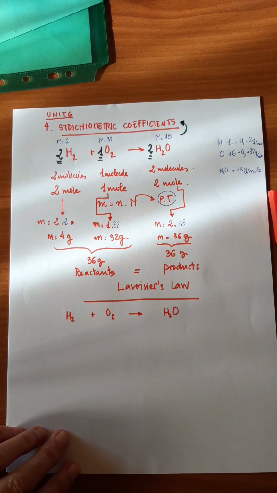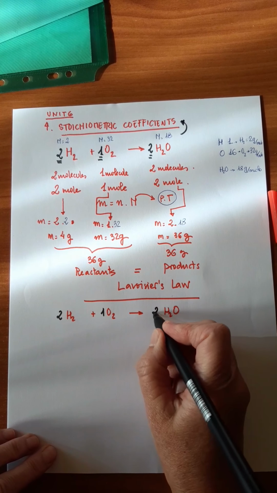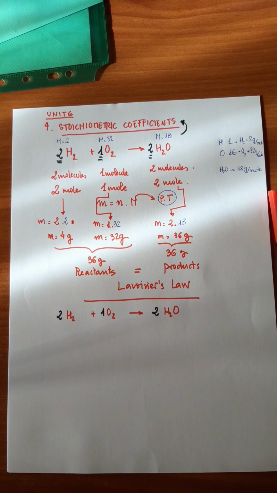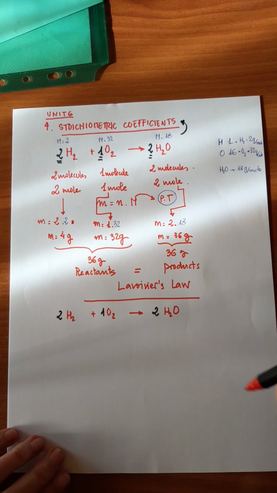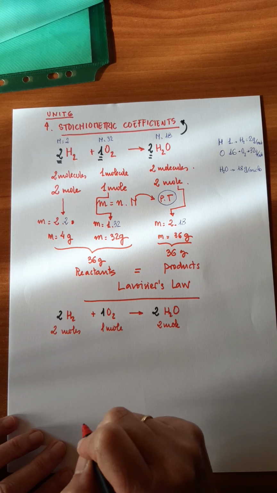we have these stoichiometric coefficients. And I said that these coefficients show the proportion of molecules that react. So molecules or moles. So 2 moles react with 1 mole to get 2 moles. But what if I have double?